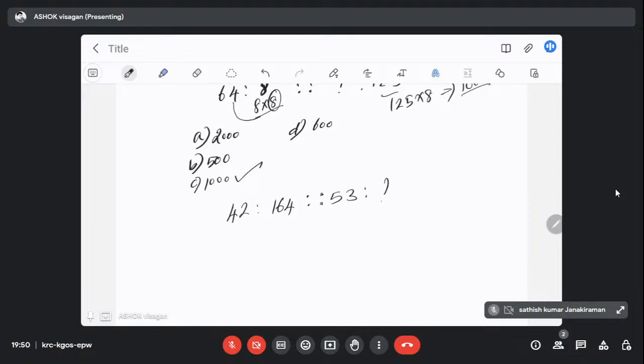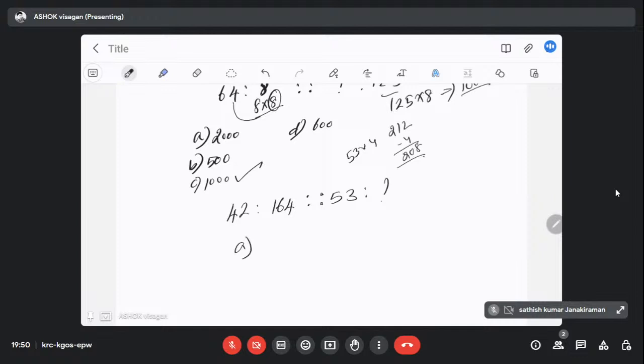If I simply give this, you can do it. 42 into 4 is 168. 168 minus 4 is 164. We can do the same thing: 53 into 4 is 212, minus 4, the answer is 208.